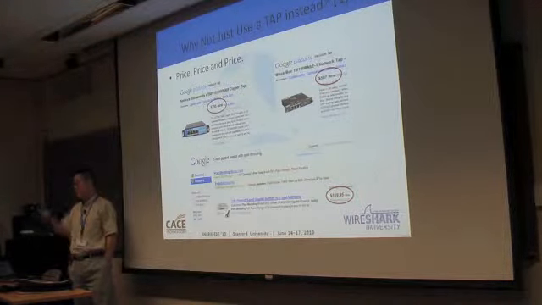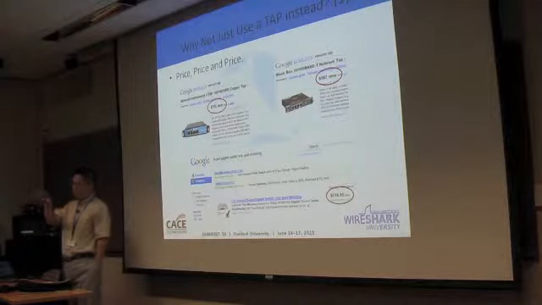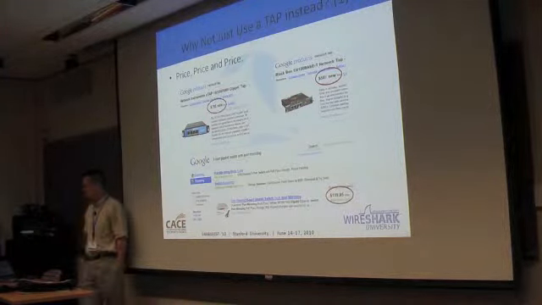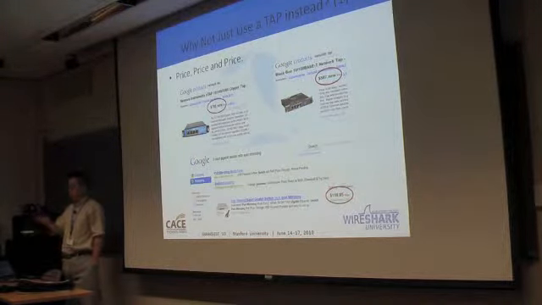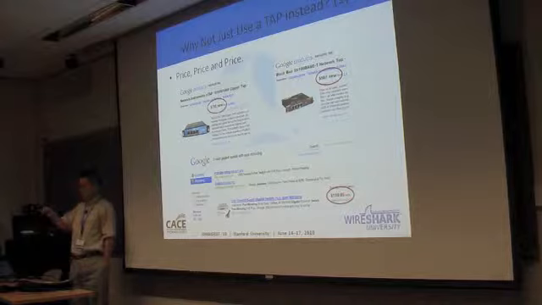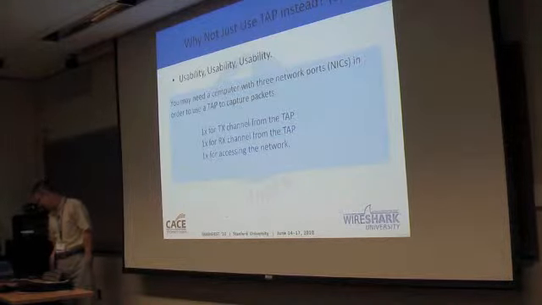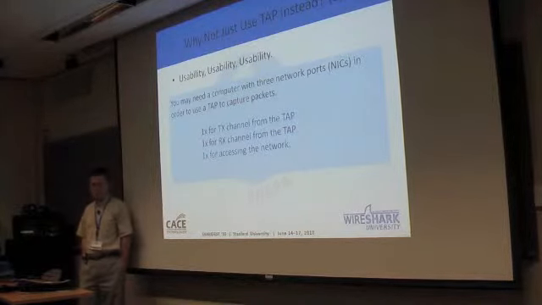So the reason we use a mini switch with a port mirror function versus a TAP is the price. This is one of the reasons we want to use the port mirror switch with a SPAN port versus a TAP. The second reason is usability.